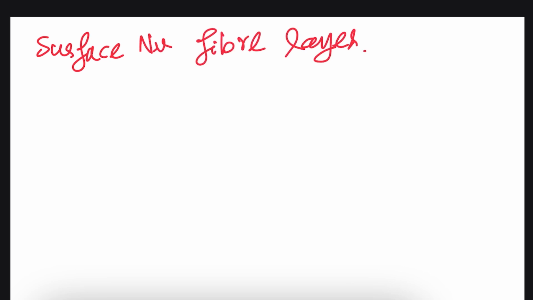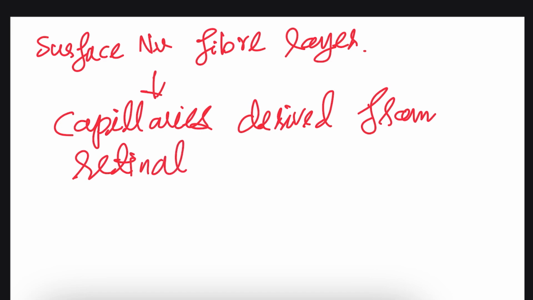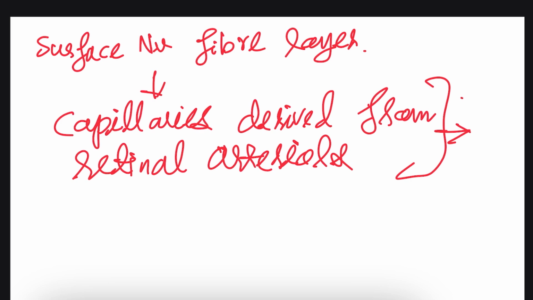On a paper, the first part is the surface nerve fiber layer. It receives its blood supply from the capillaries derived from retinal arterioles, and these capillaries anastomose with the vessels of the second part of the optic nerve head, that is the prelaminar region.